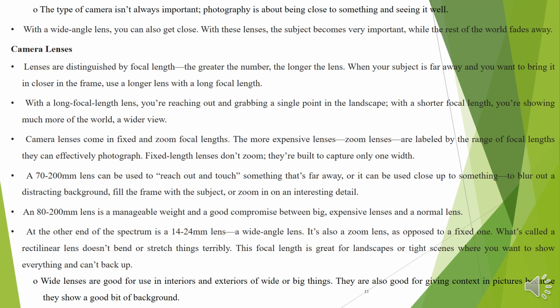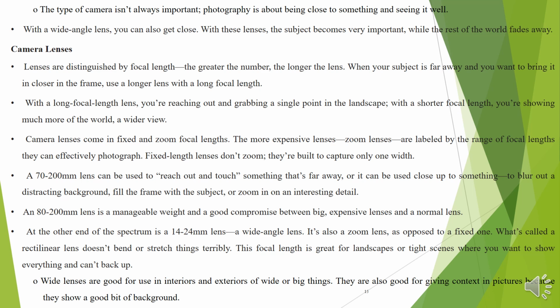An 80 to 200 lens is a manageable weight and a good compromise between big expensive lenses and a normal lens. At the other end of the spectrum, a 14 to 24 lens is a wide angle lens. It's also a zoom lens as opposed to a fixed one.